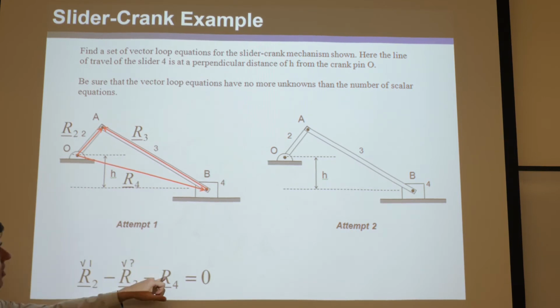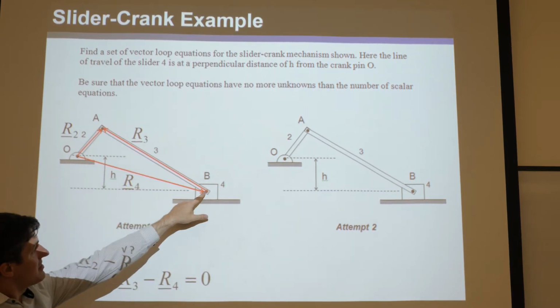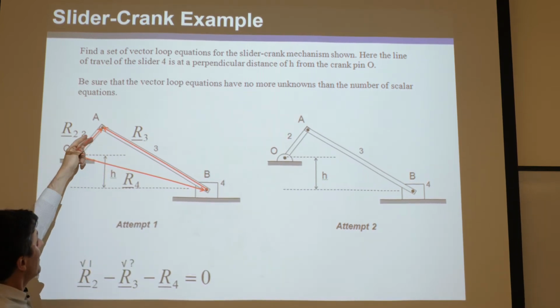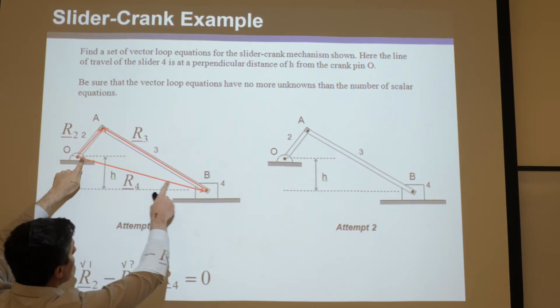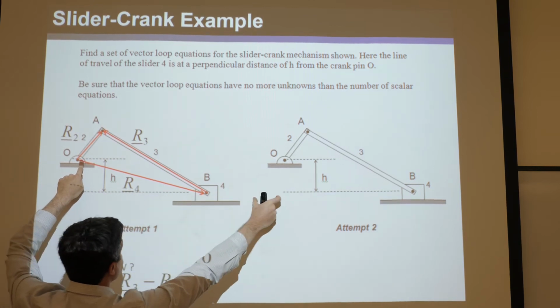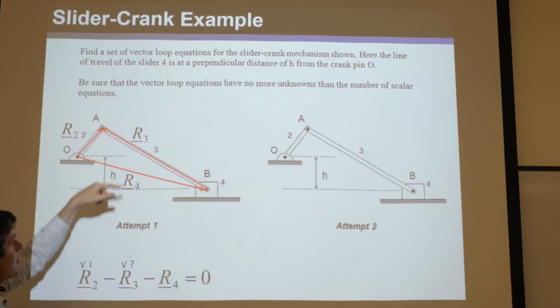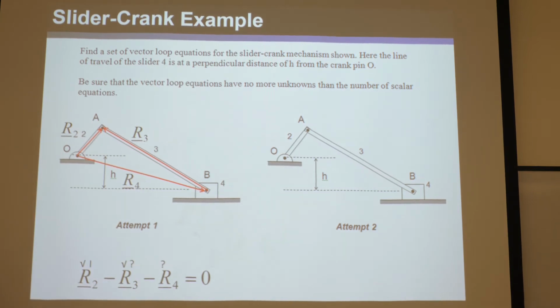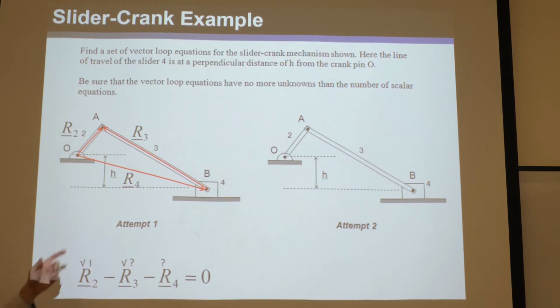Okay. R4, do we know the magnitude of this? Can we just measure it? Does it change? Yes, it does change. We couldn't measure it because as theta 2 changes, the length of this is going to stretch or contract. If it moves back, it'll contract. If it moves this way, it'll stretch as we change theta 2. So we don't know the magnitude of R4. Do we know its angle? Will the angle change as theta 2 changes?